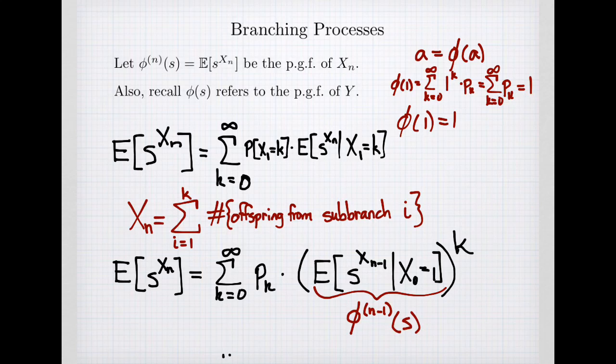Okay. So what I've found is that phi for the nth generation of s is equal to the generating function for y of the generating function for n minus 1 of s.